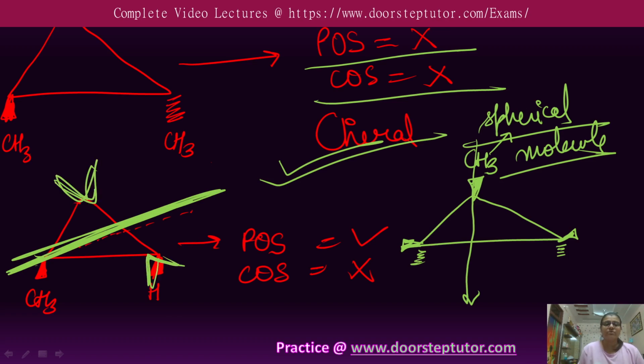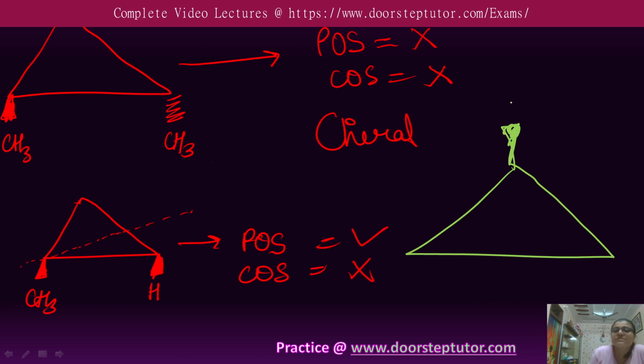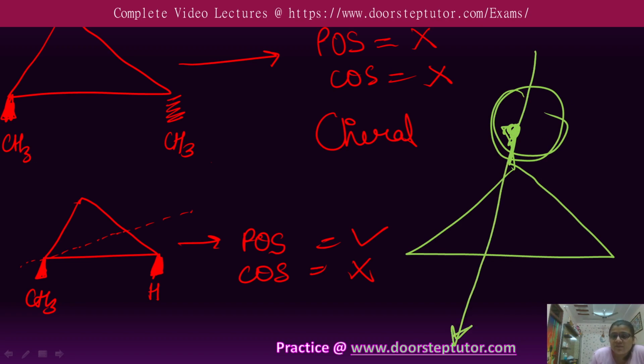These are the 2 hydrogens, and you are reflecting these hydrogens, and there is a CH3 group. This CH3 group is bisected because you are considering it as a spherical part, and you are bisecting your system like this.